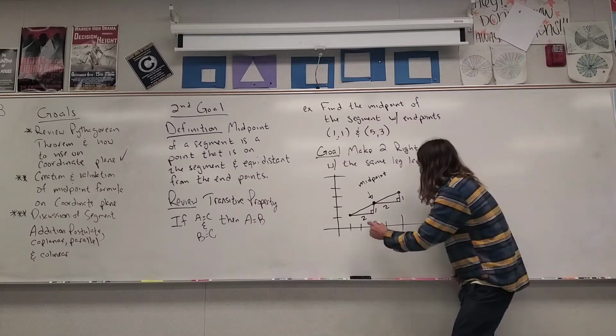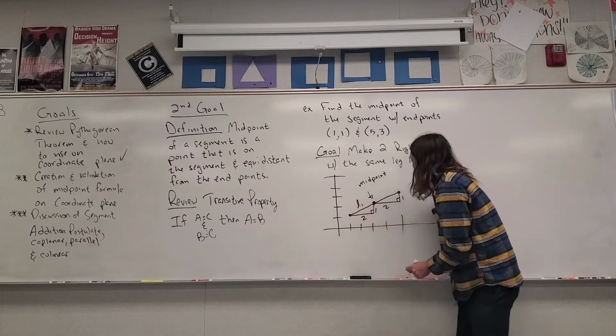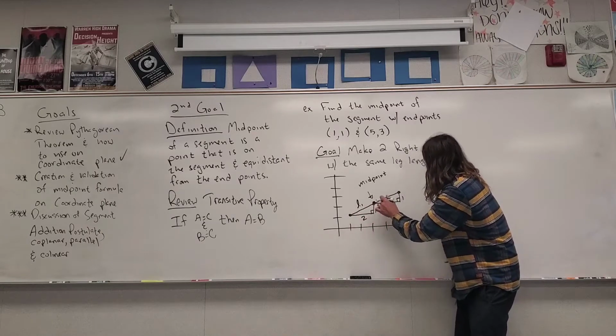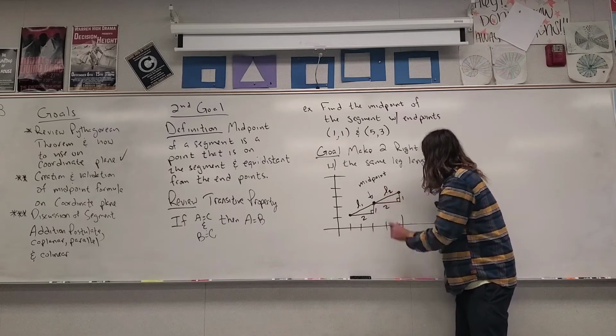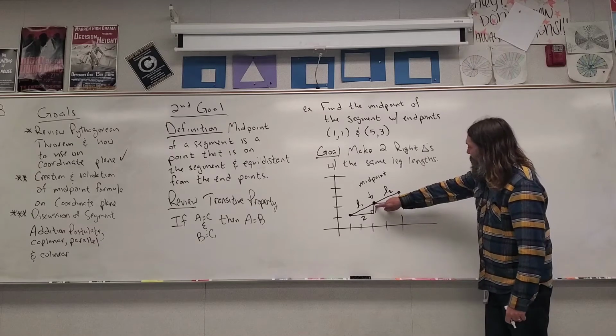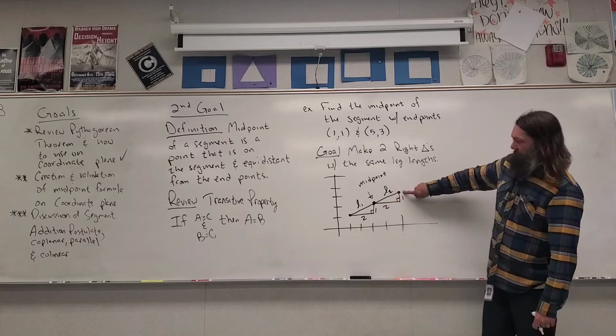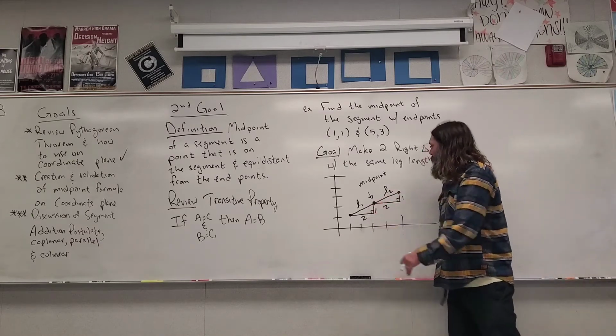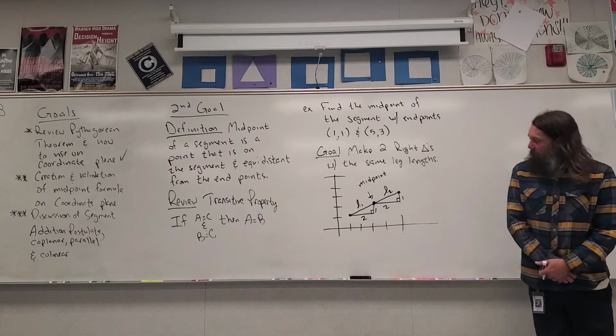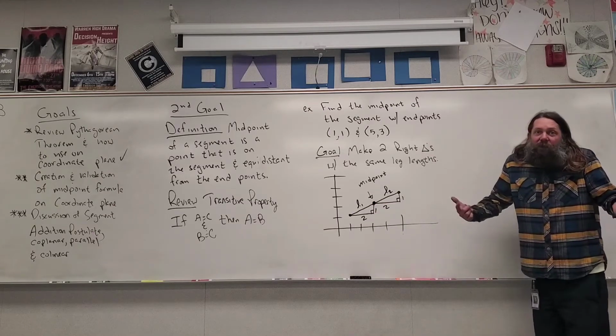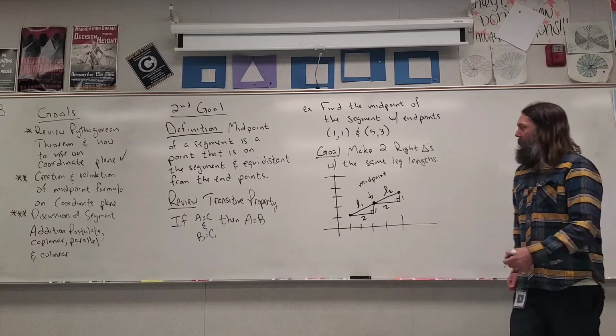I'm going to call this length 1, from this point to this point, and I'm going to call this length 2, from that point to the other endpoint. I can find the measurement of length 1 because I can use the Pythagorean theorem. I can count diagonally, right?